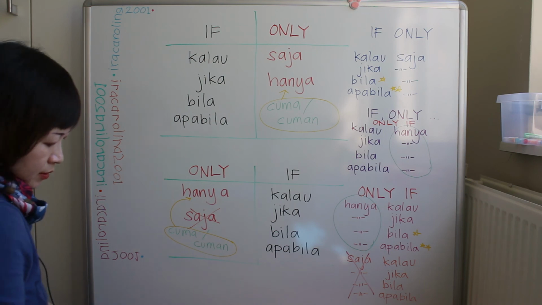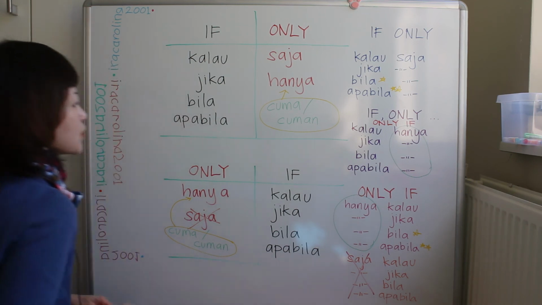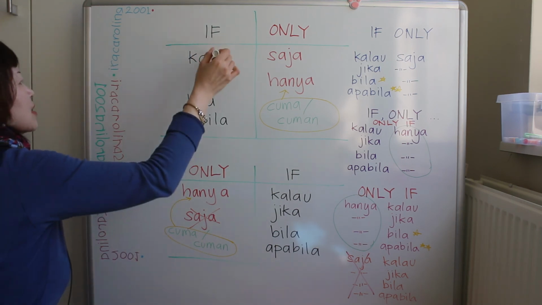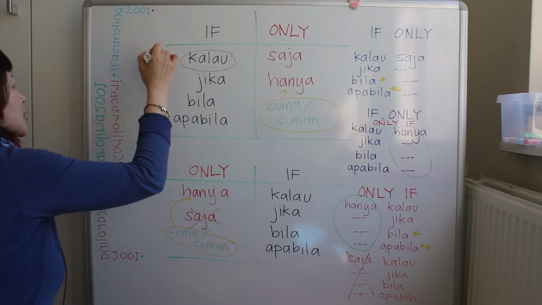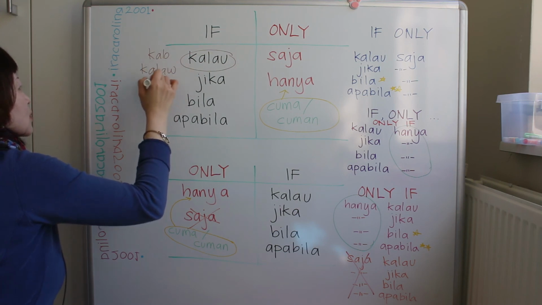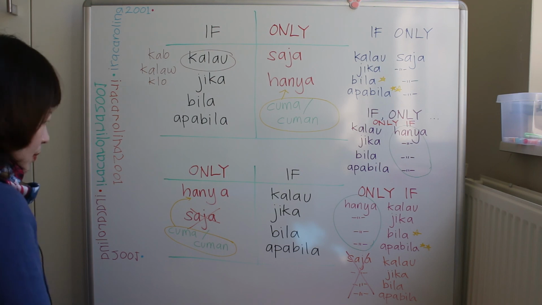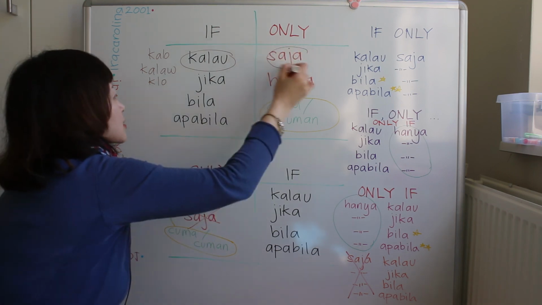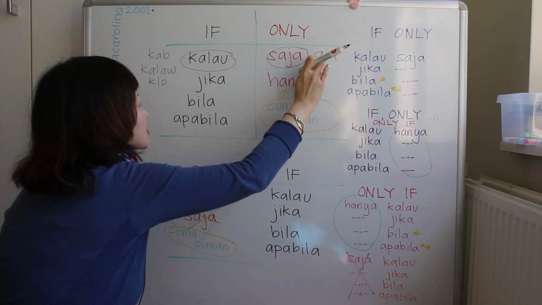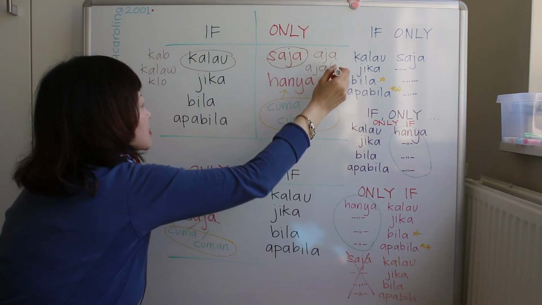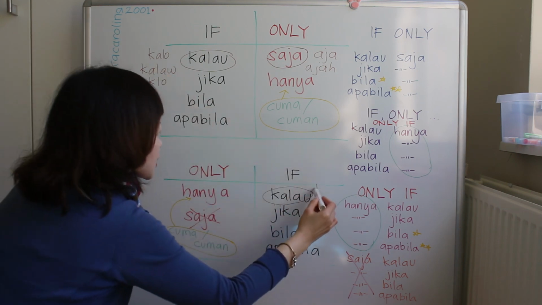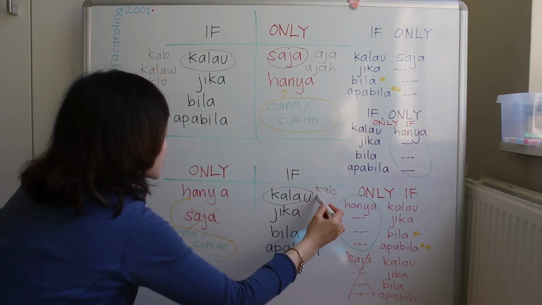And this is also a bonus. I hope you didn't get confused with it. As we know, this word in casual can be kalo, can be kalau, can be others. And this word can be ajah or saja. This word and with this can be kalo.